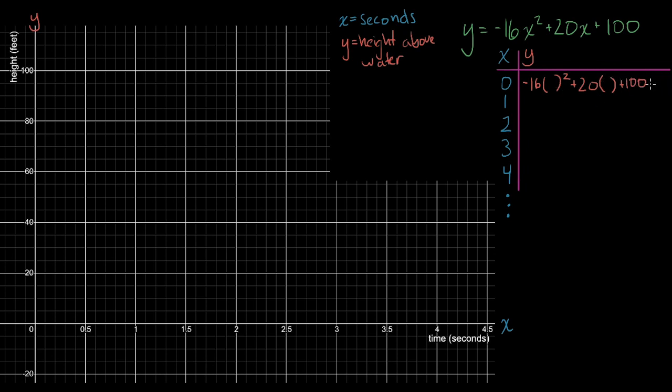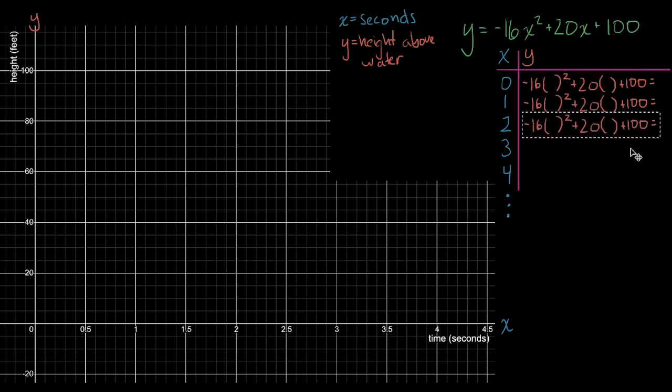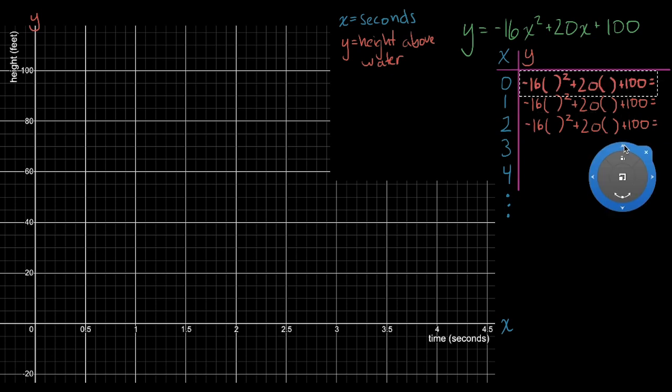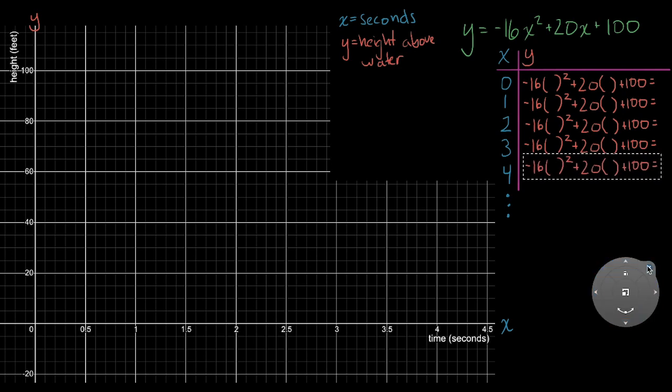And then once I evaluate that, I'll see what it's actually equal to. Next, I'm going to copy and paste this expression because I'm going to be reusing it. So copy, paste, and I can just move this down because I'll be using it for each line here, and then paste again, and again, when x is equal to 3, and then one more for when x is equal to 4. Save myself a little bit of writing there.